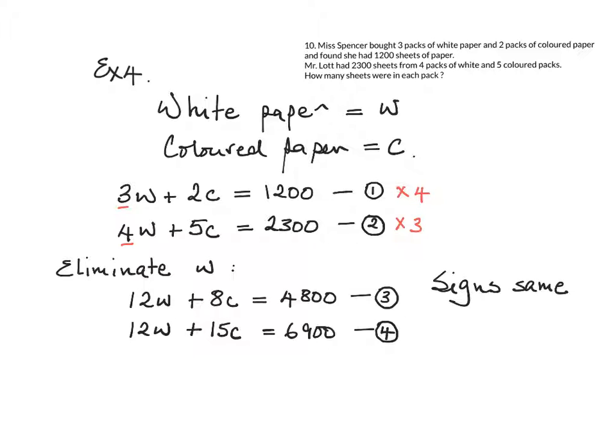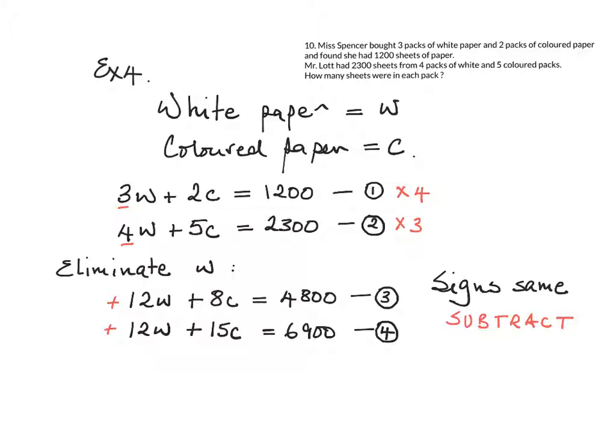And that means we subtract. Now, I hope you can see what signs I'm talking about. This is a plus 12 here, and this is a plus 12 here, although the plus isn't written. So I'm going to subtract now.